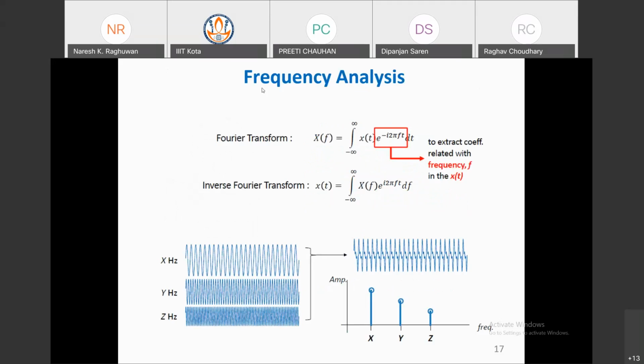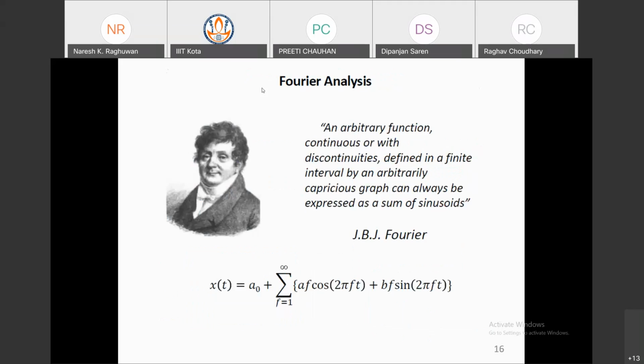In frequency analysis, what you do is the Fourier transform. If you are simulating signals, then it comes from the Fourier series.